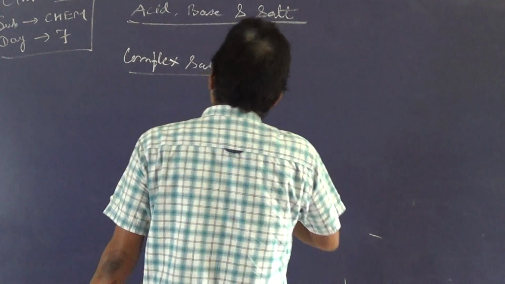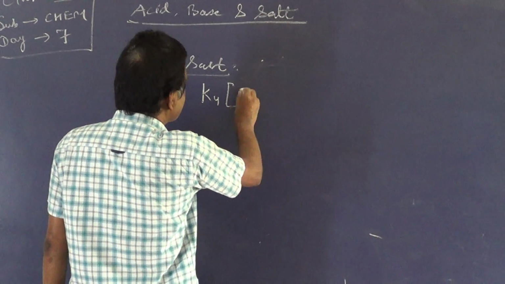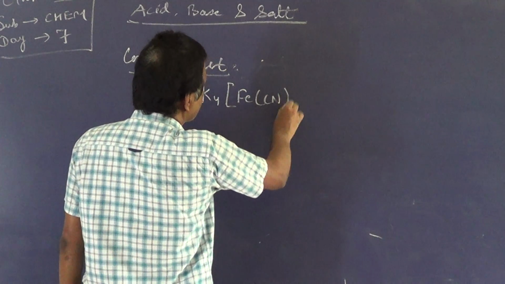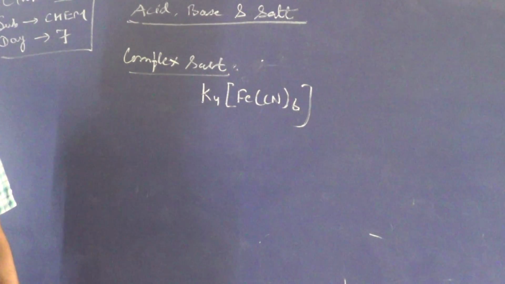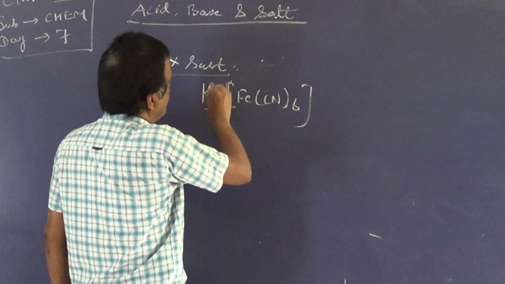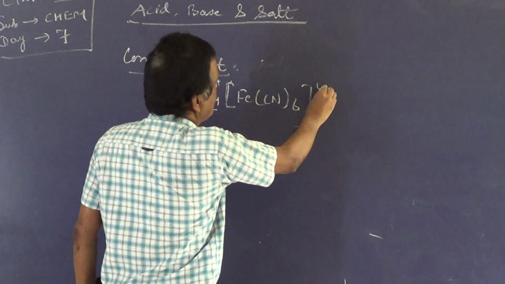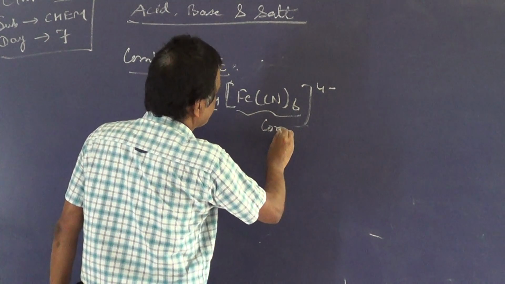Examples of complex salt are K4[Fe(CN)6]. K4[Fe(CN)6] is a complex salt. These are the cation part, these are the anion part, 4 plus charges and 4 minus charges. This is called the coordination sphere.